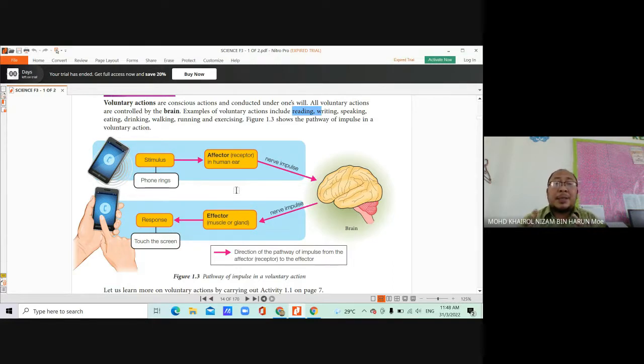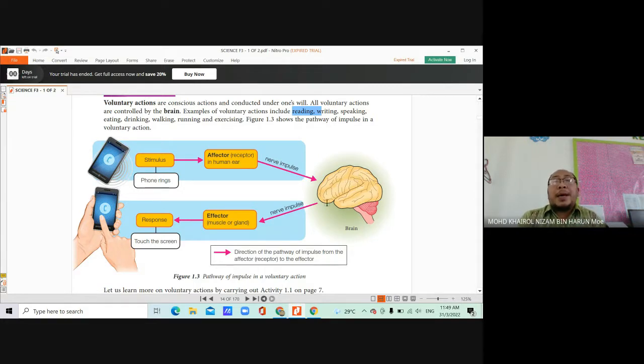This receptor will detect any stimuli, and then change the detection of this stimuli into the form of impulses, through nerve, and send to the brain. So our brain will interpret, akan mentafsirkan, what is exactly sent by the receptor through the nerve.